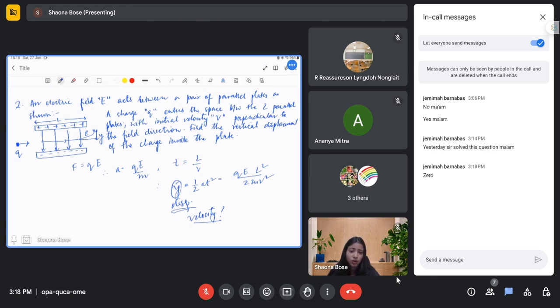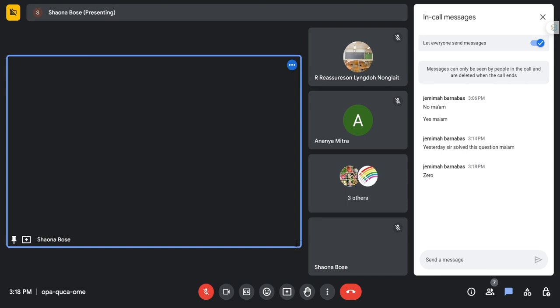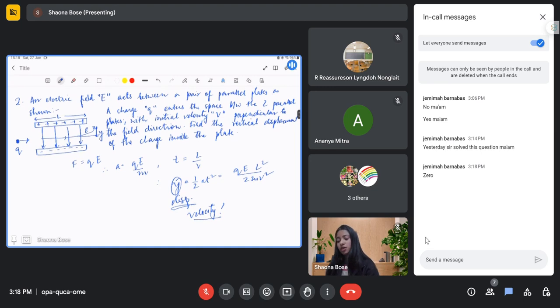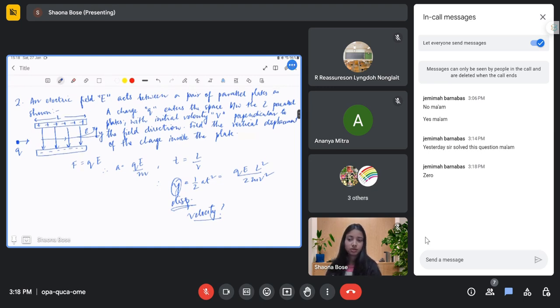Why is it zero? The velocity will not be zero.